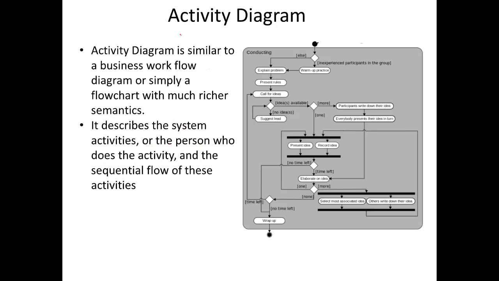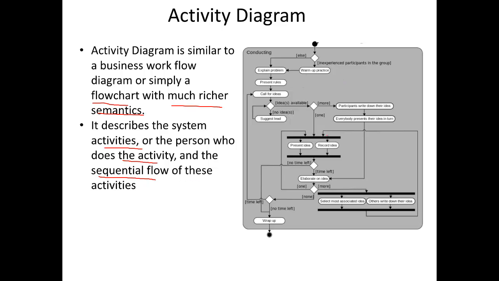Another diagram is called the activity diagram. Activity diagram is similar to a business workflow diagram or simply a flow chart with much richer syntax. It describes the system activities or the person who does the activity and the sequential flow of these activities.